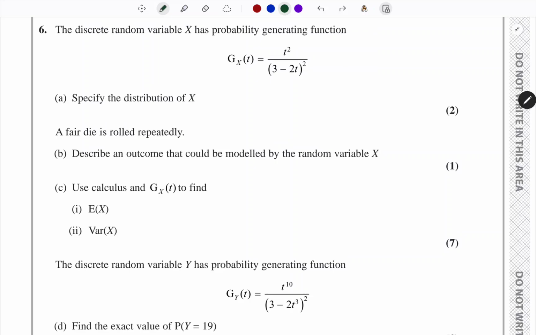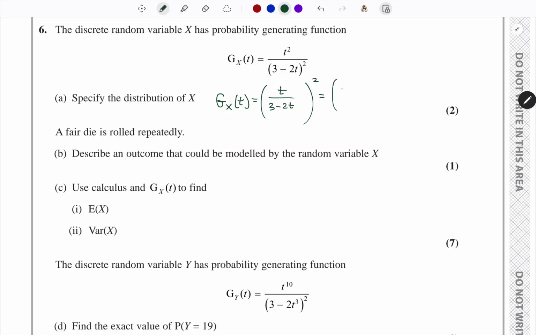So number 6, the discrete random variable x has probability generating function. Okay, specify the distribution of x. So it must be given in the formula sheet, the table of PGFs, probability generating functions for different distributions. So G_x(t) can be a little bit rearranged. So let's take out the square. So it's t divided by 3 minus 2t.